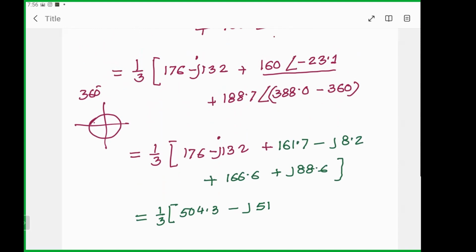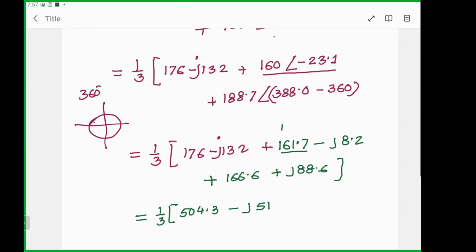So I will use 160 cos of 23.1, multiplied by 160. Yeah, it is 147 something.